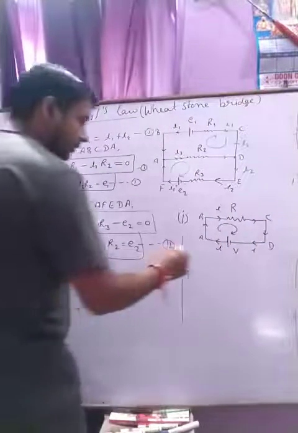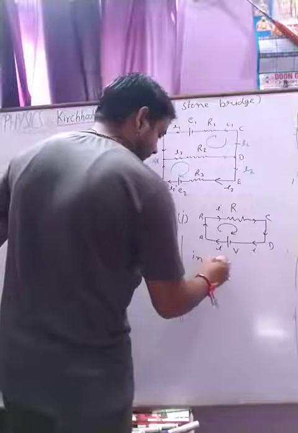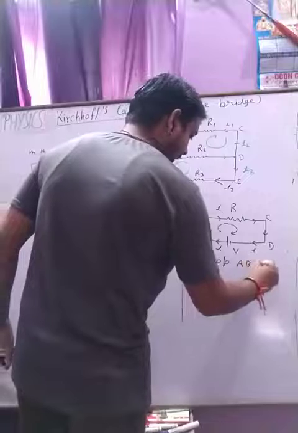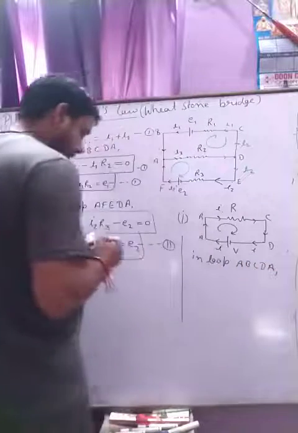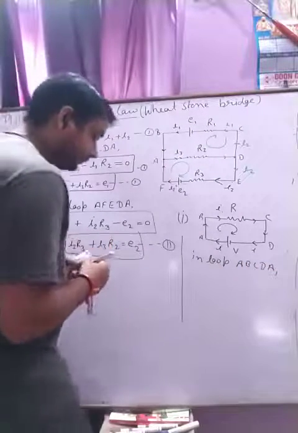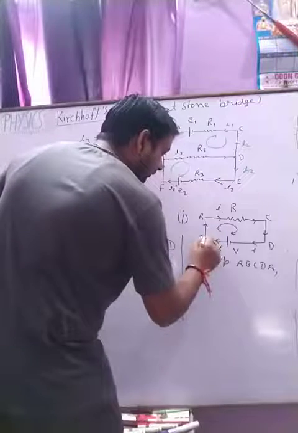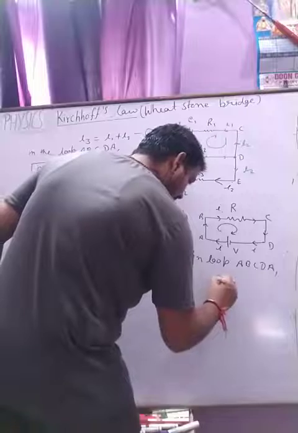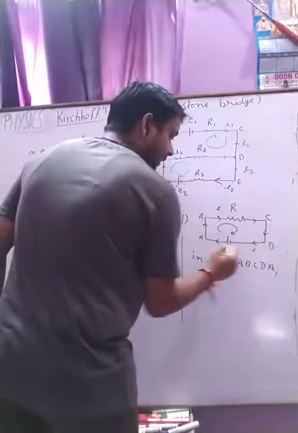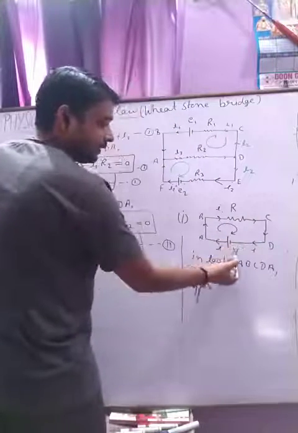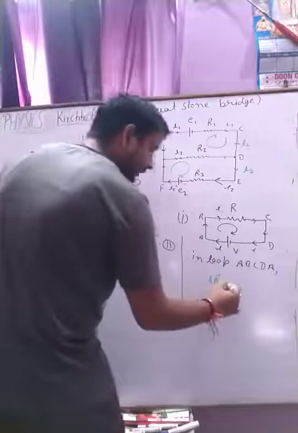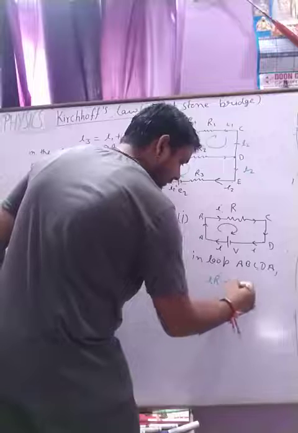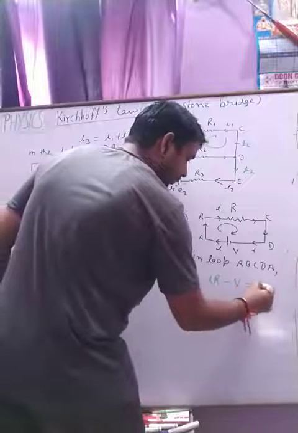Therefore in loop ABCDA, when we are moving in the direction of current we have IR, and when we return back, it is from negative terminal to positive terminal and the value of potential is V, so it is negative, equal to 0.